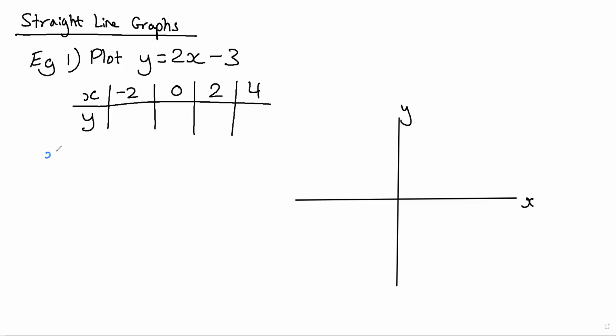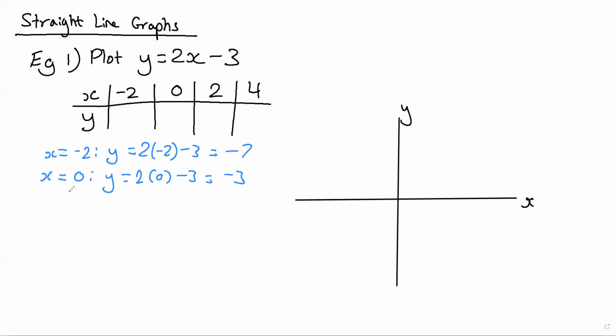Okay, so all we need to do is think about it for each case. For x equals -2, we just substitute -2 into this equation, and so we get -7. For x equals 0, we get y equals 2 times 0 minus 3, so we get -3.